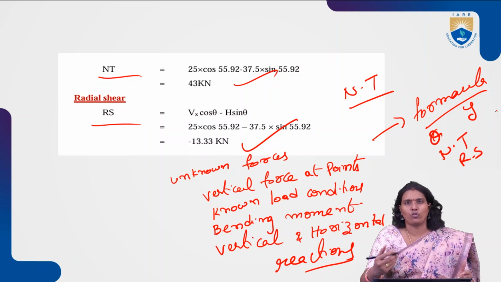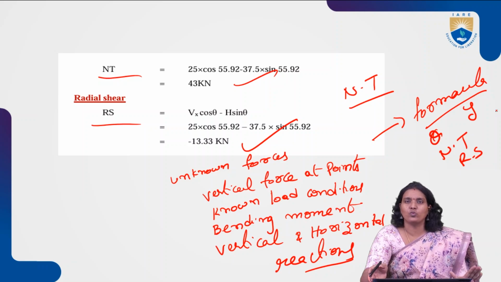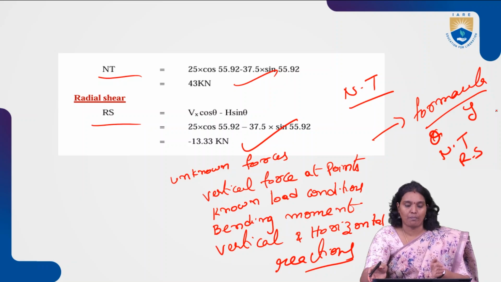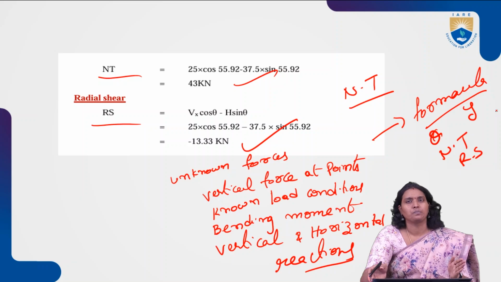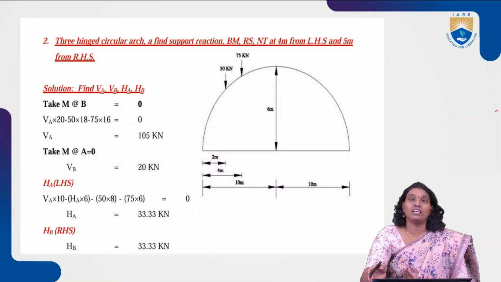So first find the unknowns: as per the loading conditions, we find the reactions of the given problem. After that we apply the respective formulas where we require the normal thrust or radial shear.